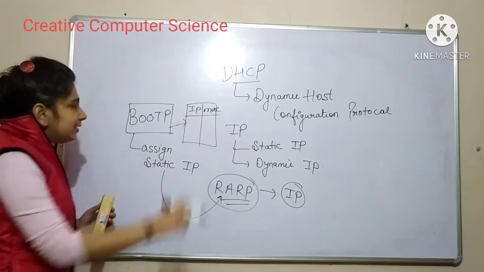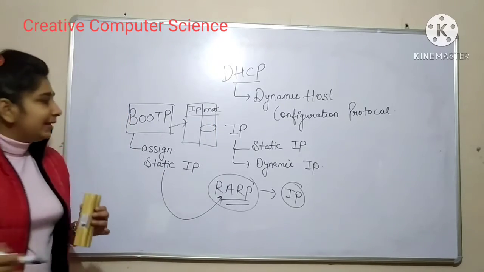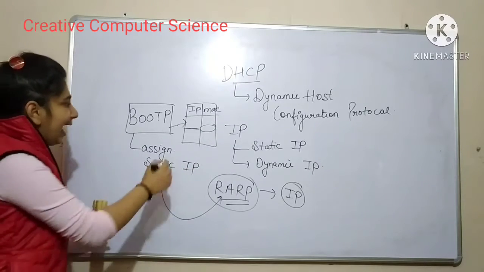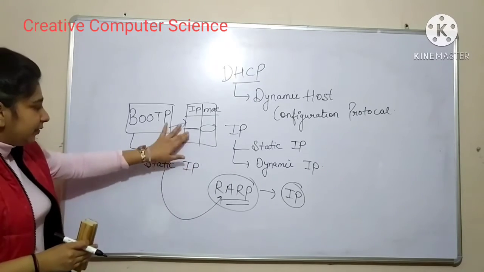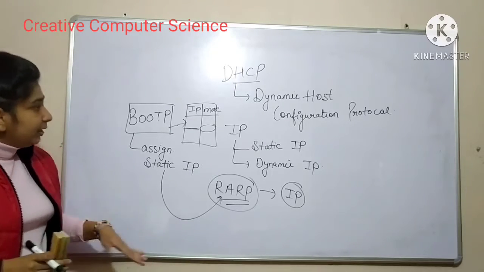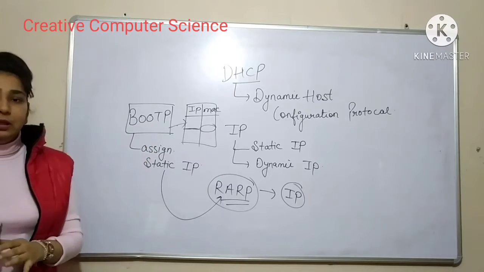With the help of this table, by looking at the MAC address, we get the corresponding IP address, and we give that IP address to the requesting machine. This way we are using the BOOTP protocol.